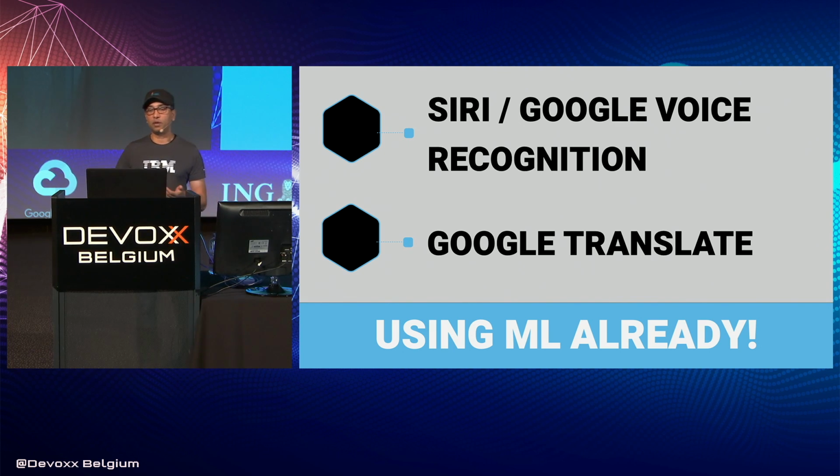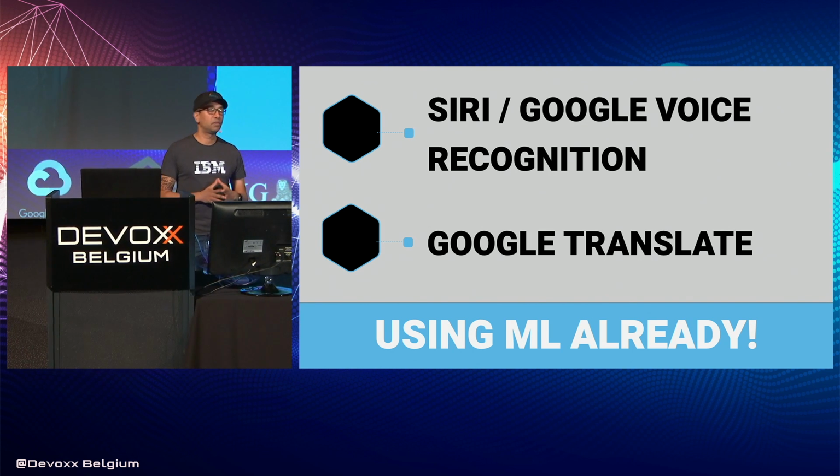A company called Dragon Dictate, now known as Nuance, owns all these patents. There's an interesting story behind this company. At the height of the internet boom in the late 90s, 99 or 2000, this company had amassed all of the patents required to do very good voice recognition.